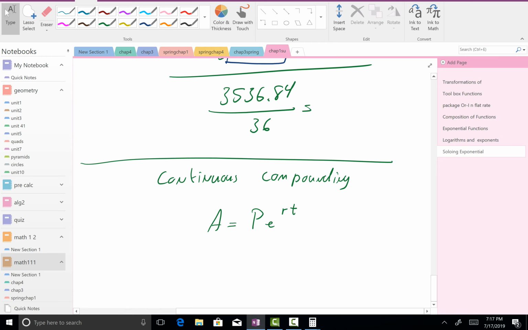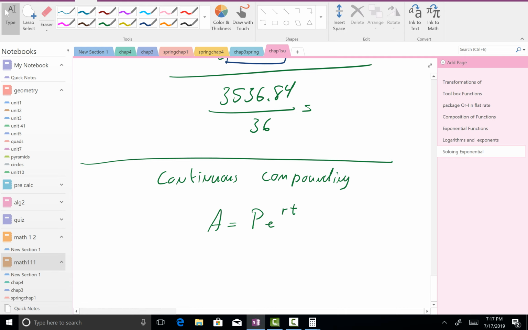I'm looking here to see if there's anything else. I think they showed a couple other things in here: present value formulas, and effective rate of interest. I didn't give any of those problems. I looked to see if I did, and I didn't.